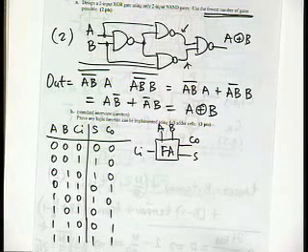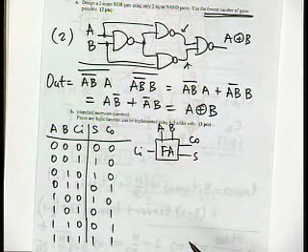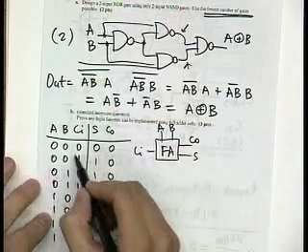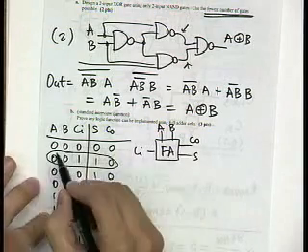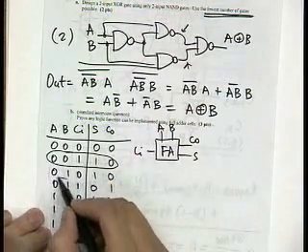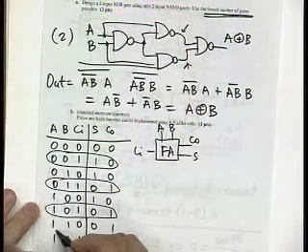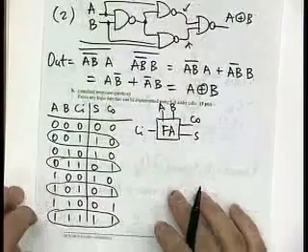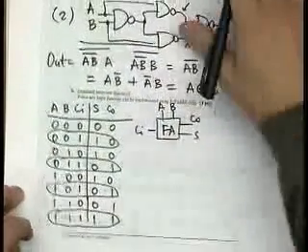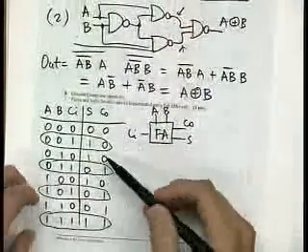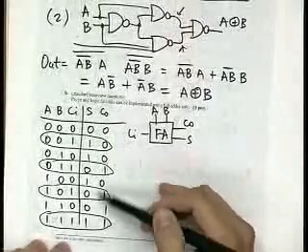So let's take a look at the situation, for example, where carry in is equal to 1. So let's circle all these entries where carry is equal to 1.